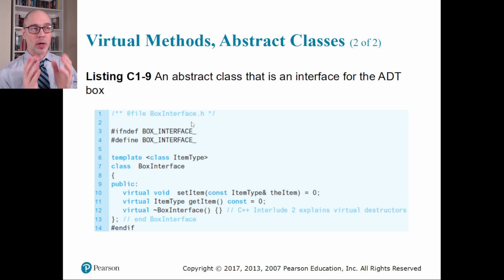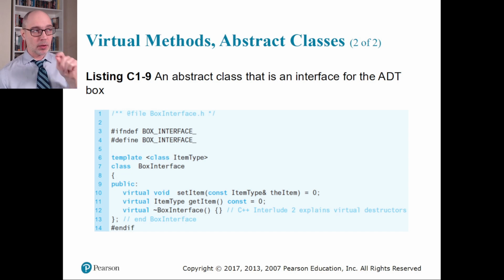When you're setting up one of these root parent abstract classes, people frequently call that an interface. Specifically in Java, that's actually a structure with a keyword called interface for exactly this kind of job.